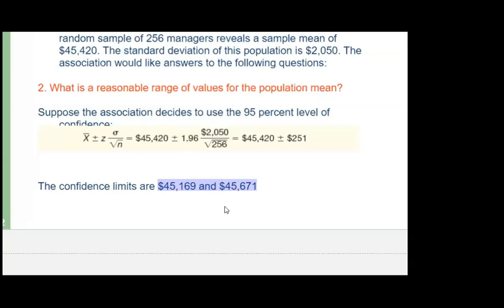So if you are an accountant, a top manager or general manager of this company, and you want to decide to increase or decrease salaries or hours of work, you can decide based on that, because you know that 95% of your employees, your managers, actually earn in that range, right? 5% of them may not. Maybe they're new, they earn less, or maybe they're top managers and they earn more. But anyway, we know that 95% of them earn in that range.